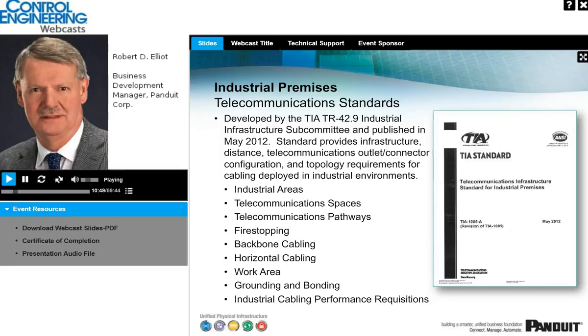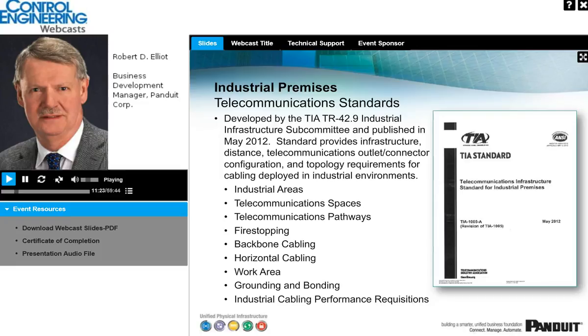It was devised by the TR 42.9 Industrial Infrastructure Subcommittee and was most recently updated and published in May of 2012. An addendum has just been added very recently to that standard, defining the so-called M12 X-coded connector that has 8 pins and is able to support higher data rates. And we'll talk about that a little later.